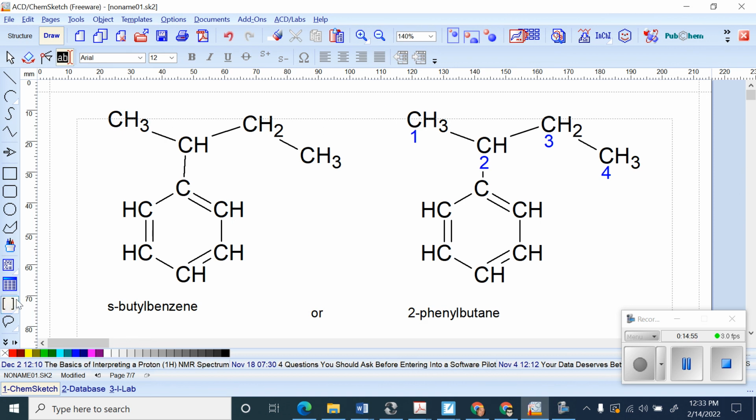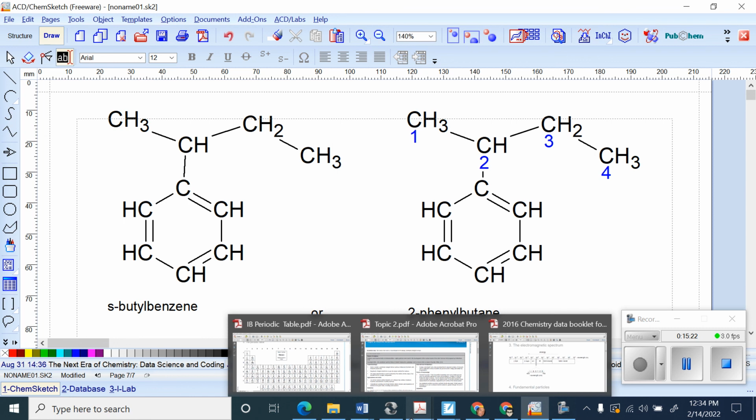Okay, so we can call this S-butyl benzene, or we can call it 2-phenyl butane, where phenyl, that's a new word. Put that in our vocabulary. Phenyl is benzene as a side chain.